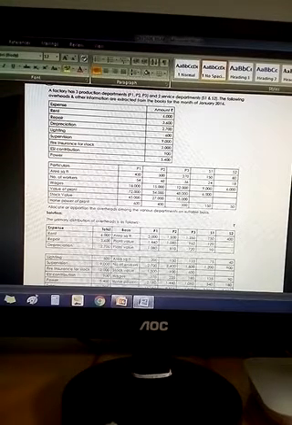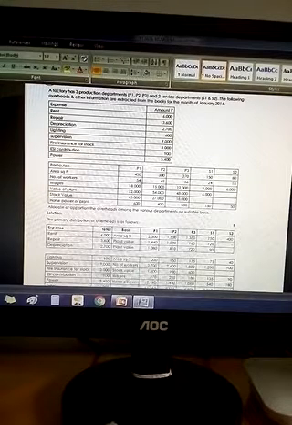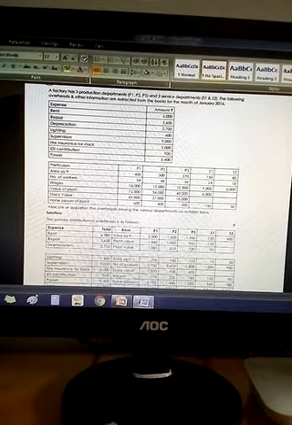So it is not possible to have a clear-cut knowledge about which particular department is more using the canteen. So because all the staff from all the departments are coming to the canteen, we have to apportion the whole cost of the canteen within these departments on a suitable basis.